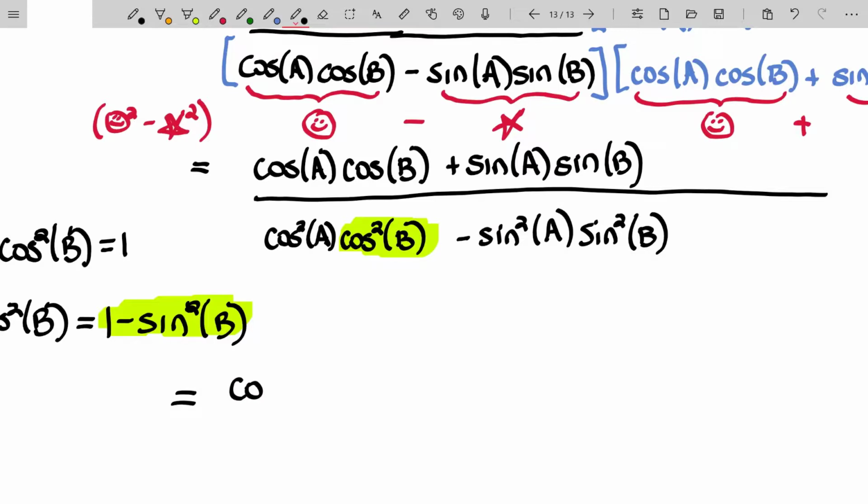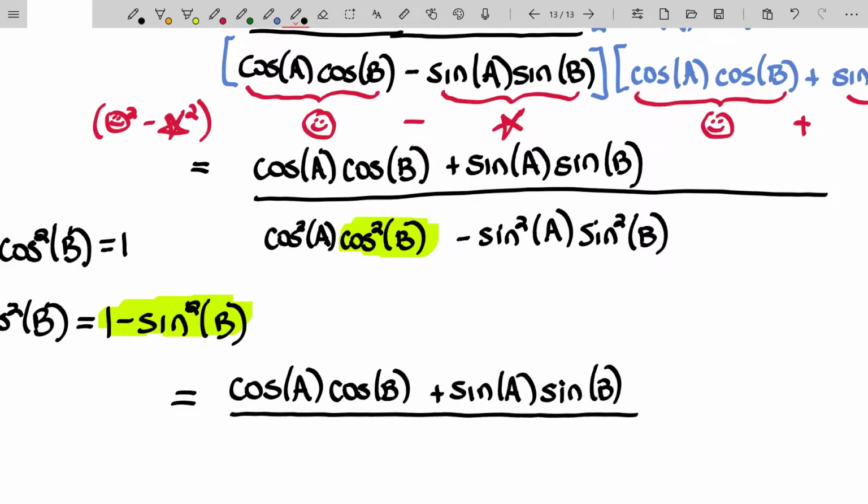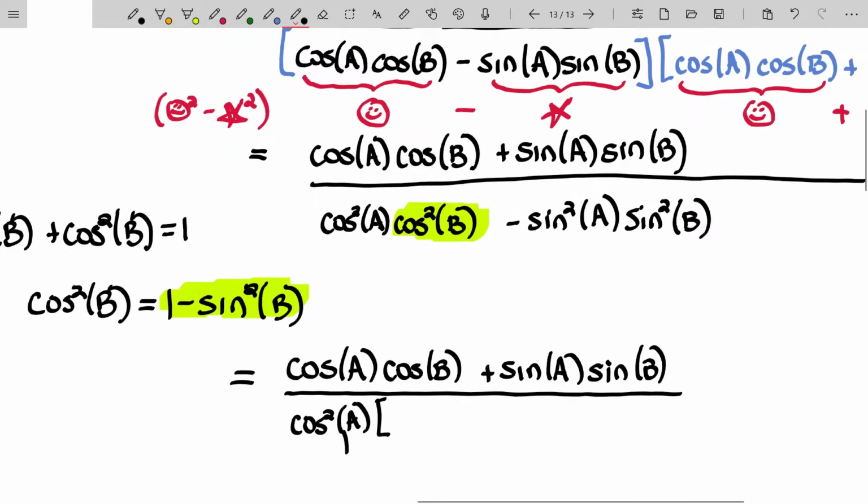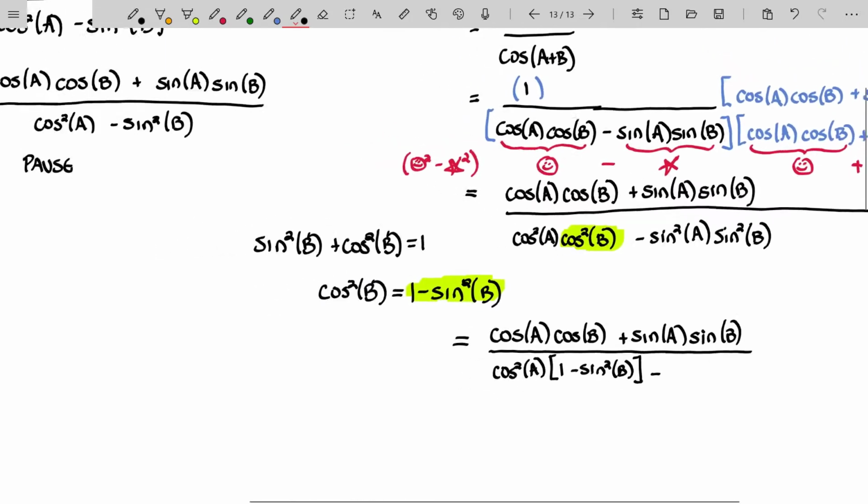So let's see, this is going to be the cosine of a, cosine b, plus sine of a, sine of b, all over I have this cosine squared of a times the quantity 1 minus the sine squared of b. So let's just see, minus, and now I'm going to look over here and let's see what that other term has.